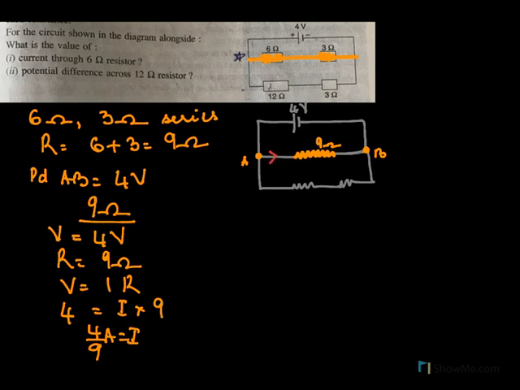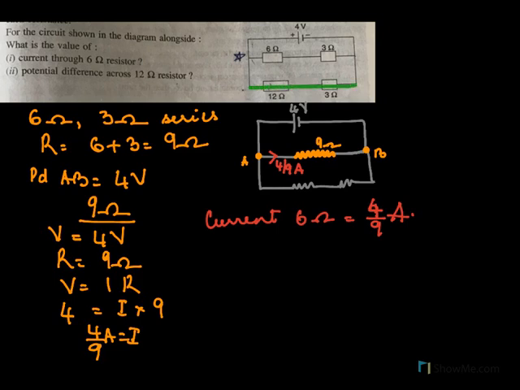So current flowing through this arm is 4 by 9 amperes, which means the current flowing here is also 4 by 9 amperes. The same current is flowing through both these. So the current through 6 ohms equal to 4 by 9 amperes.